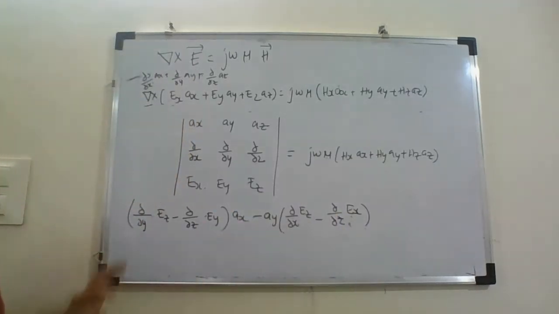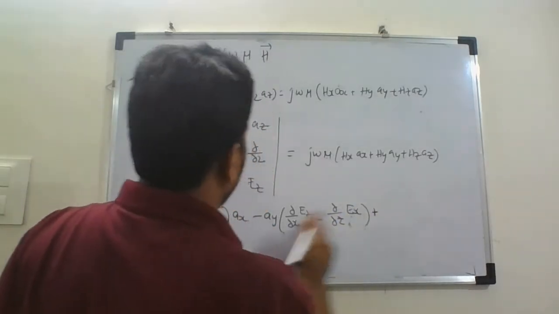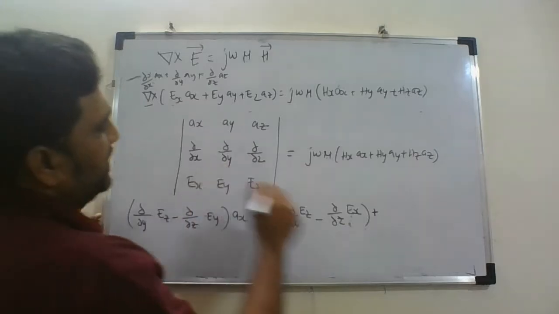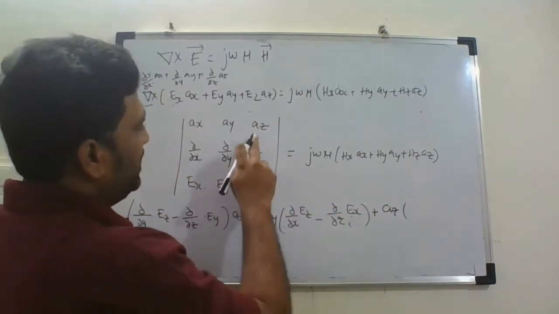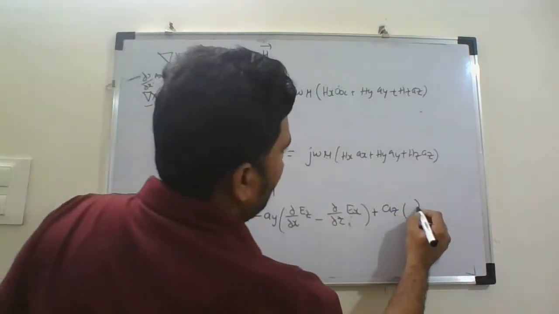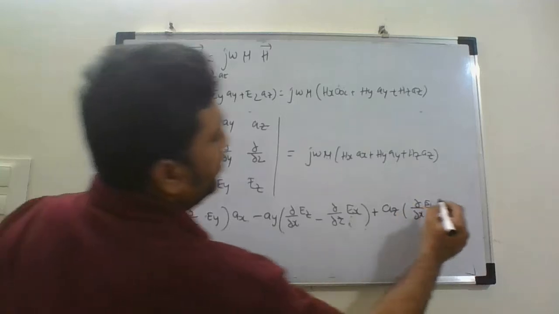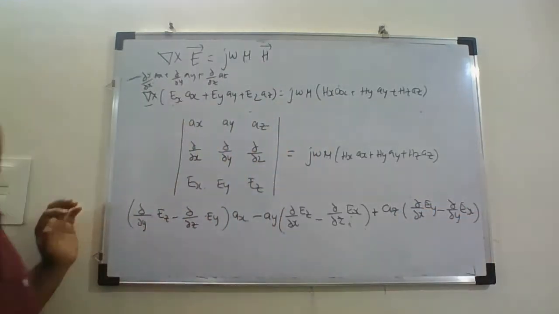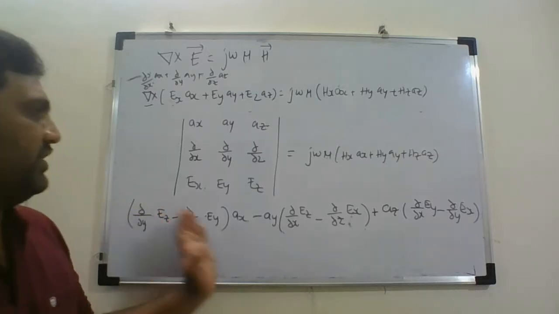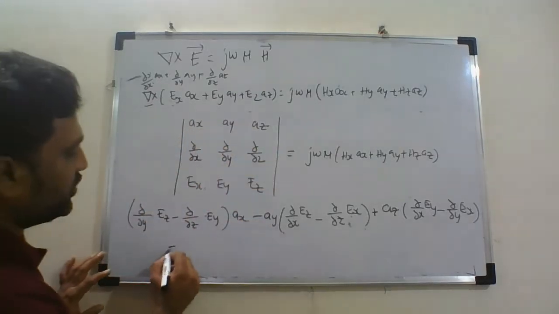The next term is plus az into dou by dou x of Ey minus dou by dou y of Ex. This is the expansion of the cross product.